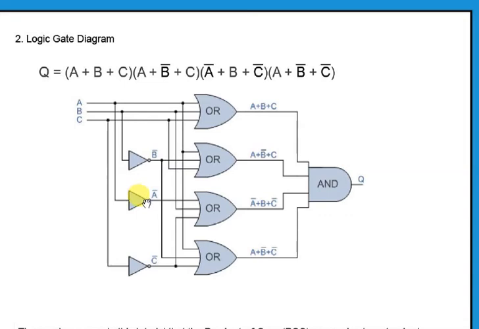B is taken directly from here, and C is taken from here downward. So A complement plus B plus C complement, and the last is A plus B complement plus C complement. A is not complemented, so we have dropped the wire here and fed it in directly. All these 4 OR gates are fed into the AND gate to get the product of sums.